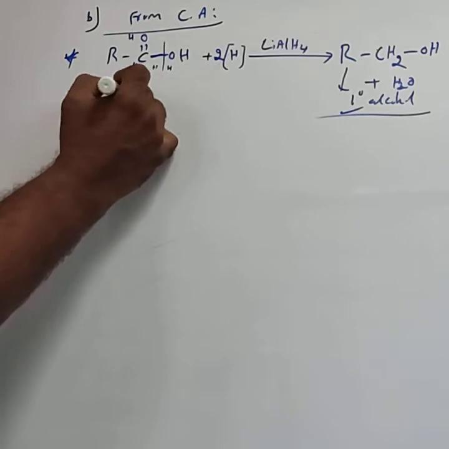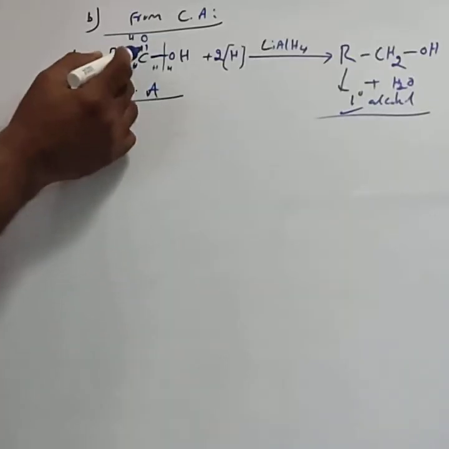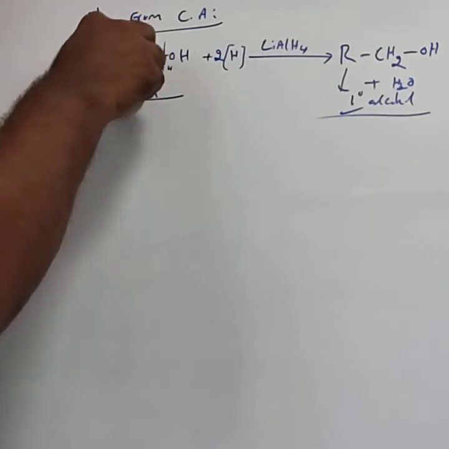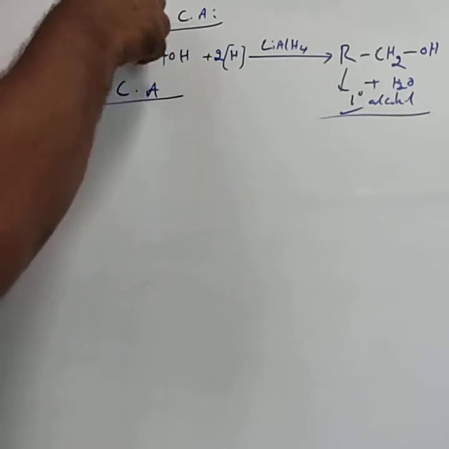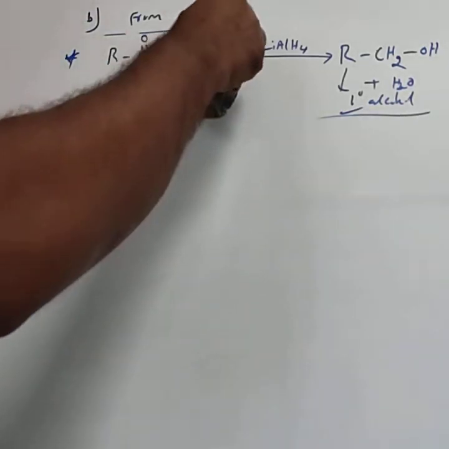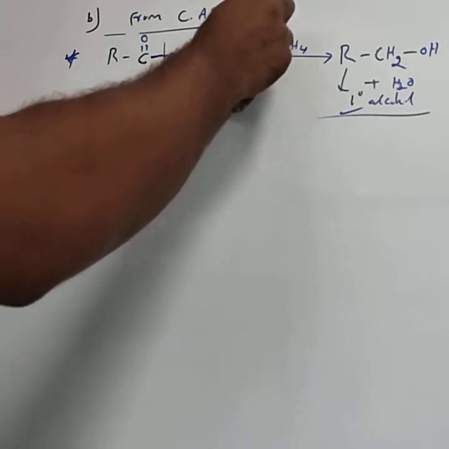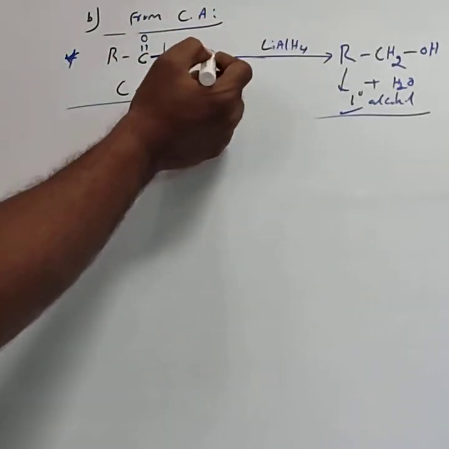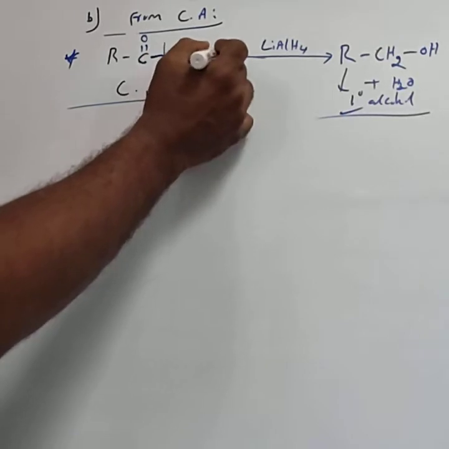This is the carboxylic acid, RCOOH. Carboxylic acids on reduction actually require 4 hydrogens. You just mention LiAlH4 on the arrow mark. If you write LiAlH4, the hydrogen atoms are understood.